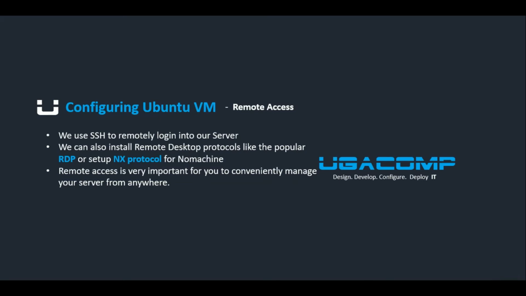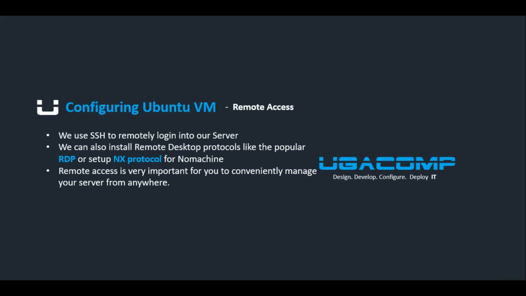So when you access Azure remotely, you are using remote technology to access Azure servers that are located somewhere in the data center. So since we are going to rely on remote access, we are going to use SSH to remotely log into our server.